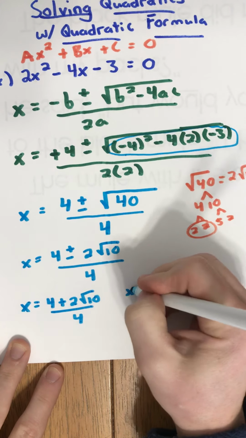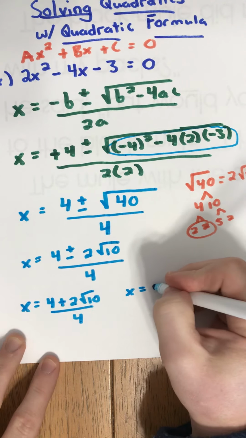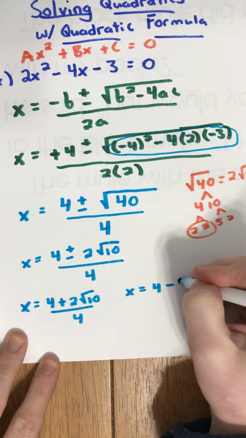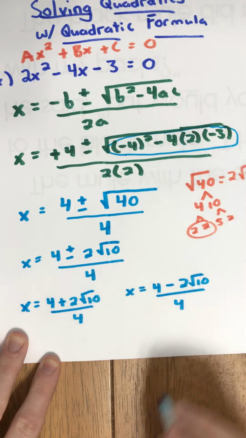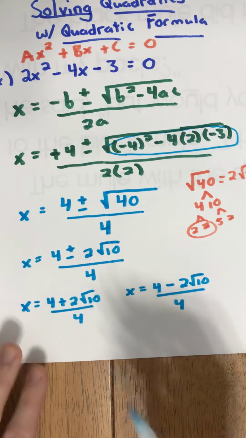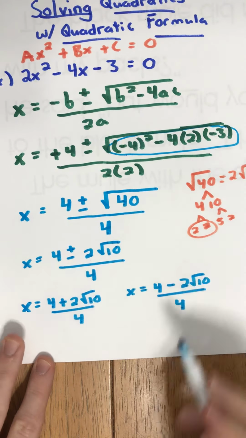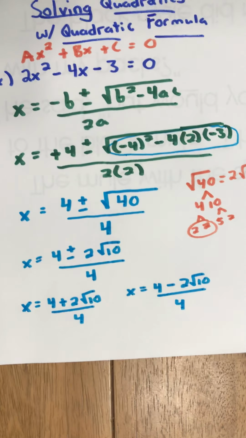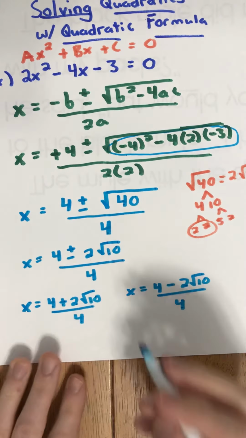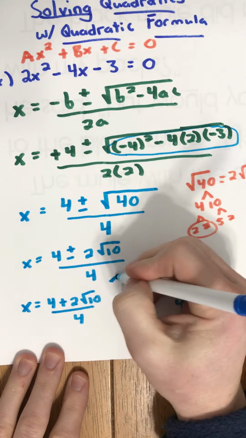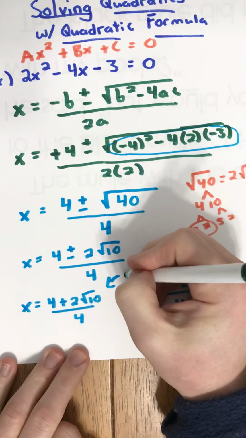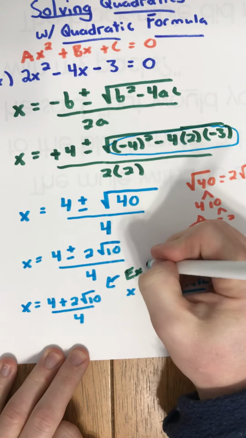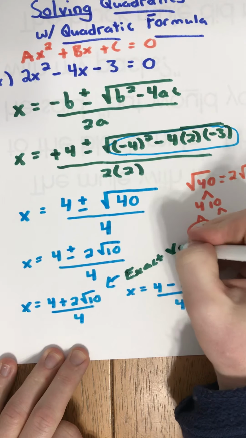And one answer is x equals 4 minus 2 square root of 10 divided by 4. All right, now the way that I have them right now, you could generally leave them like that. That is called the exact value, okay? So this right here, put this in a different color so it stands out. This form, this is what we call our exact value.